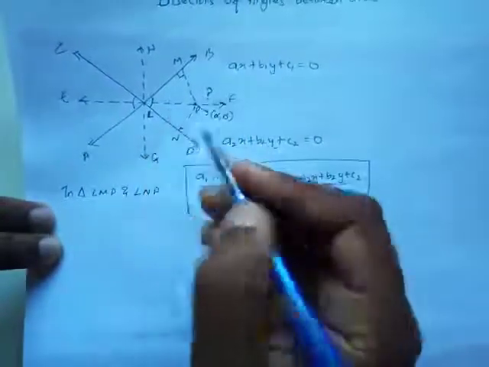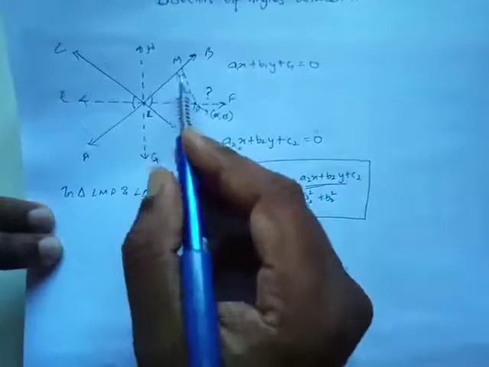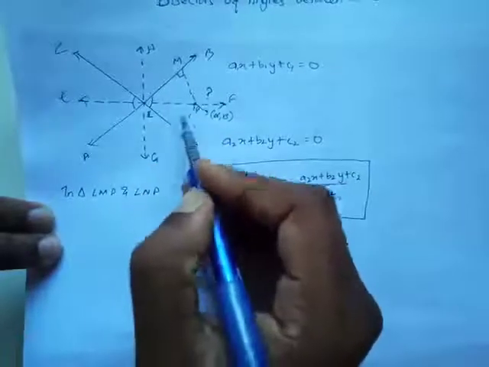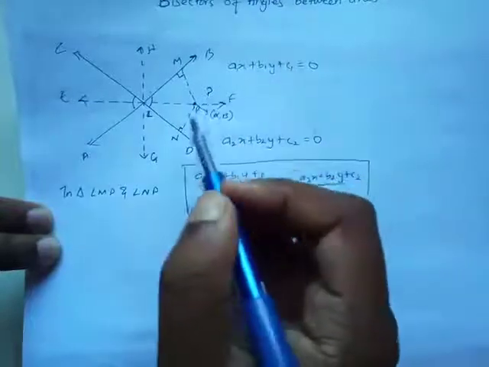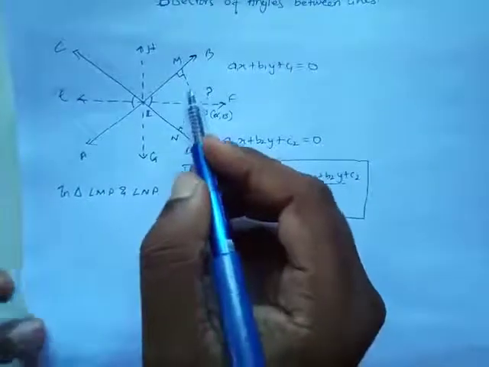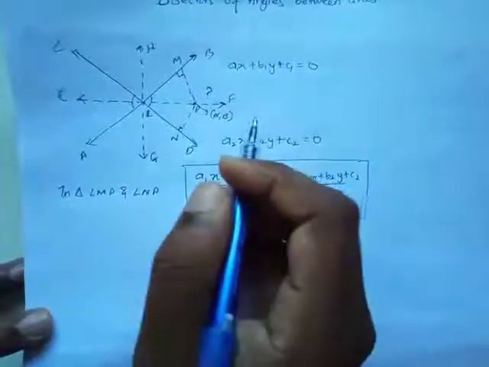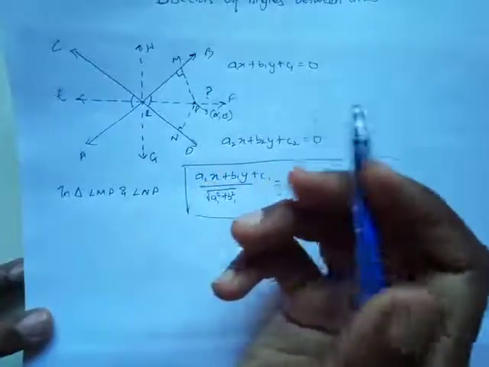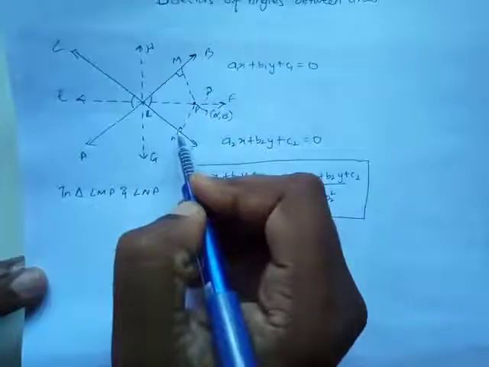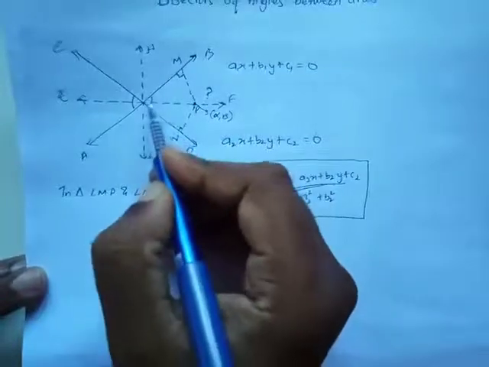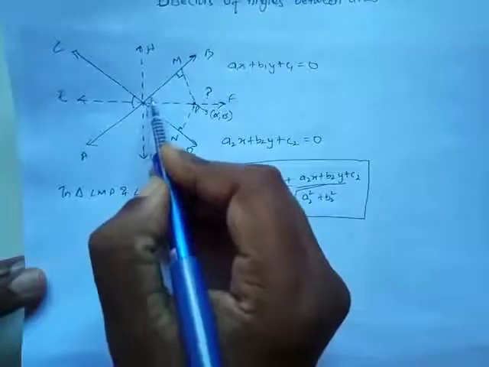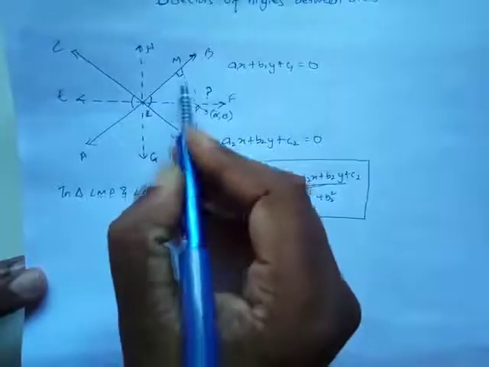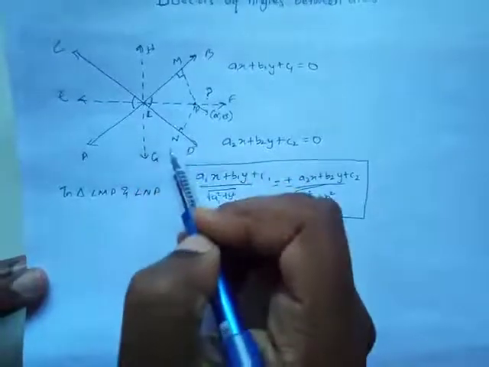This and this are congruent because this side is common, this is 90 degrees, and this angle equals this angle. This line is bisecting this angle, so this equals this, and this is common. So by angle-side, it is proved.